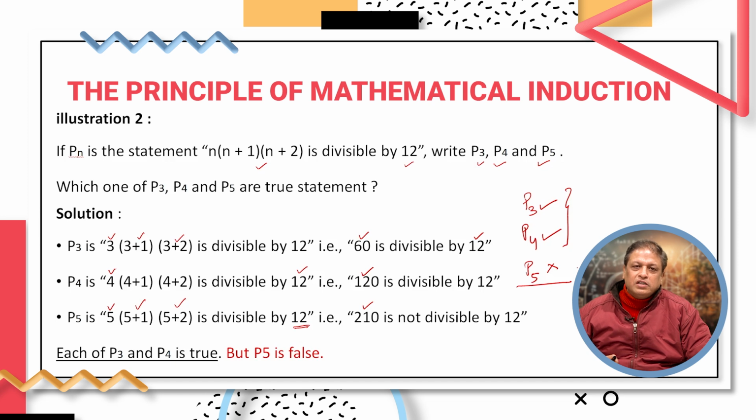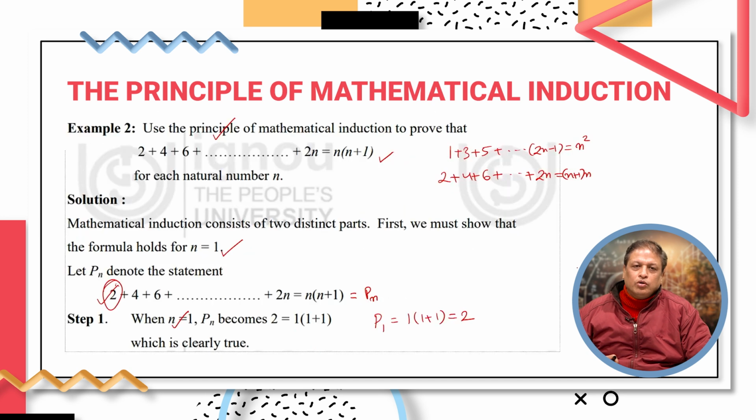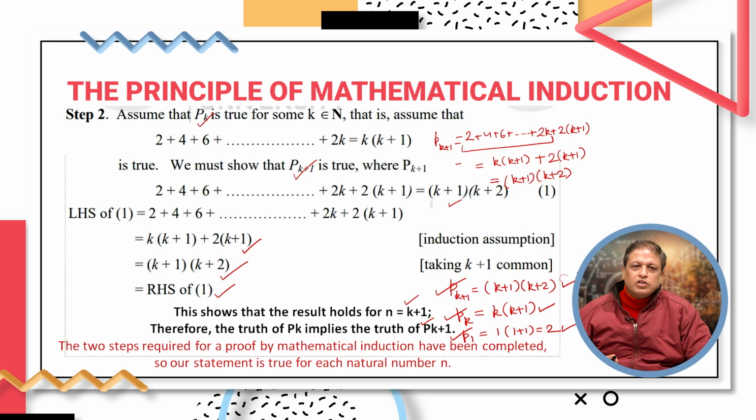So, in order to validate the pattern, we are supposed to follow the sequence. In the first step, we are supposed to verify the statement for n is equal to 1, and in the subsequent step, we are supposed to verify the statement for the general term k, and then we try to verify that the statement is true for the k plus 1 term also.